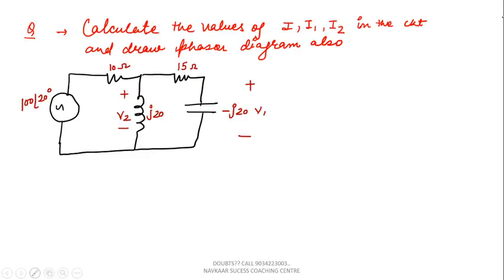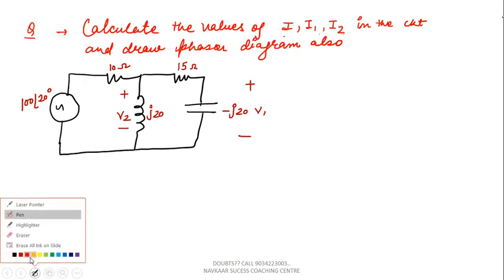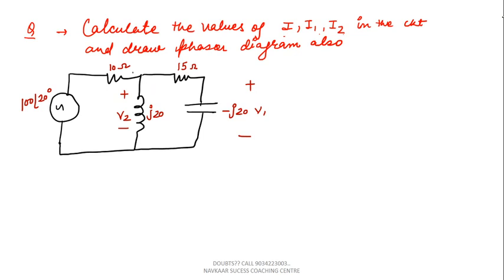Next question. In the next question, they have said: calculate the value of I1, I2 in the circuit and draw the phasor diagram also. This is a question on AC circuits. Now solve it. Suppose this is the current I, this is the current I1 and this is the current I2. They have mentioned it in the diagram only.